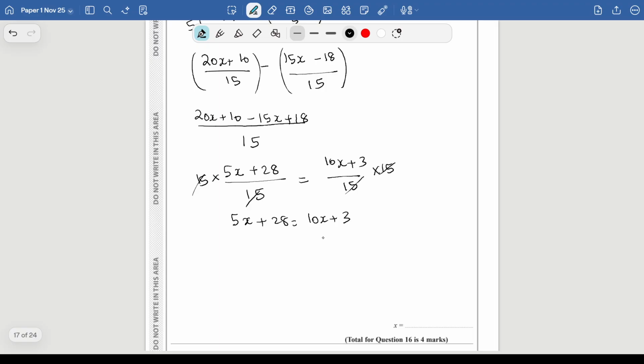Now you can take away 5x on both sides. Then we have 28 equals 5x plus 3. Taking away 3 on both sides, you have 25 equals 5x. So x is 25 over 5. x is 5.